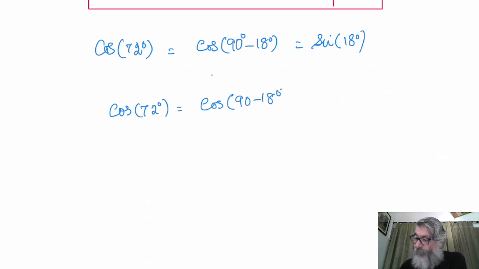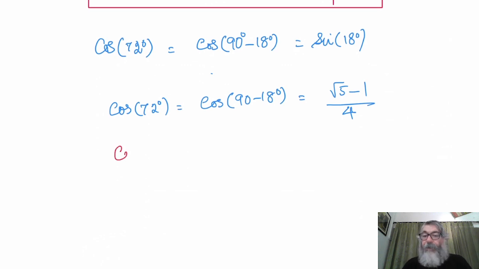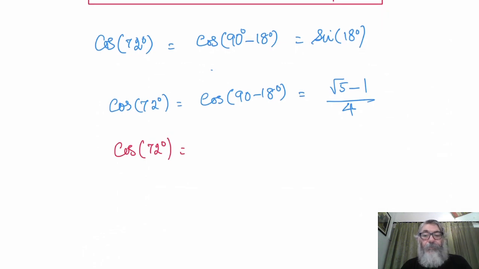That will be under root 10 plus 2 root 5 upon root 5 minus 1. So we've got all the values corresponding to 36, 54 and 72.